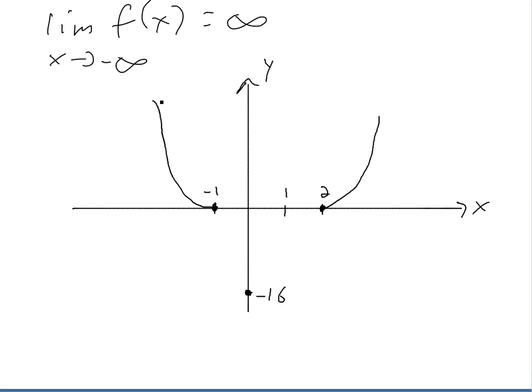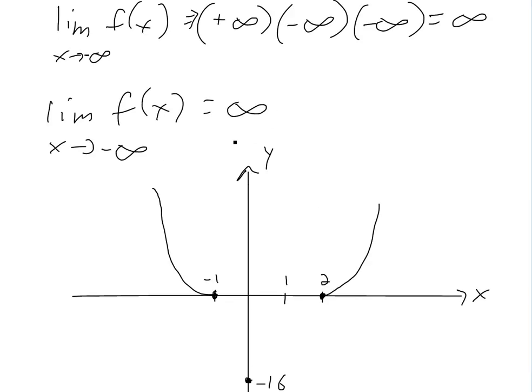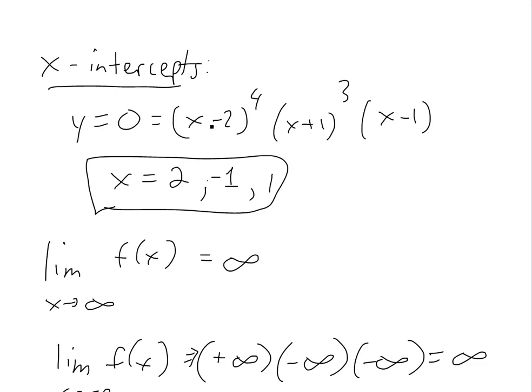So it's going upwards. Now notice that this function right here, x minus 2 all to the 4, is always positive. If we had x equals 1.9, then 1.9 minus 2 equals negative 0.1, and to the power of 4 this is going to be greater than 0, but close to 0.